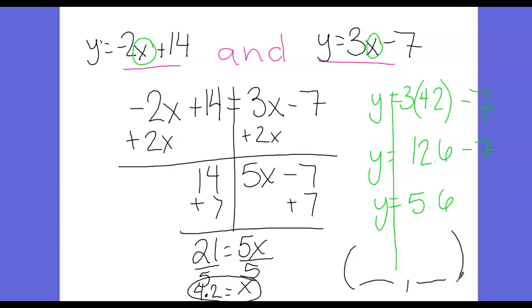So what goes here? 4.2, because that's my x value, comma, what's my y value? If you need to, go back under these and write x, comma, y, that way you don't forget which one goes where. Please do that. So that is the one problem. That's my answer. Now, does this take a little more work than maybe some of the others? Yes. But if you look at this side, how many times do you have to do that? 3 times. So you only have to do this process 3 times.